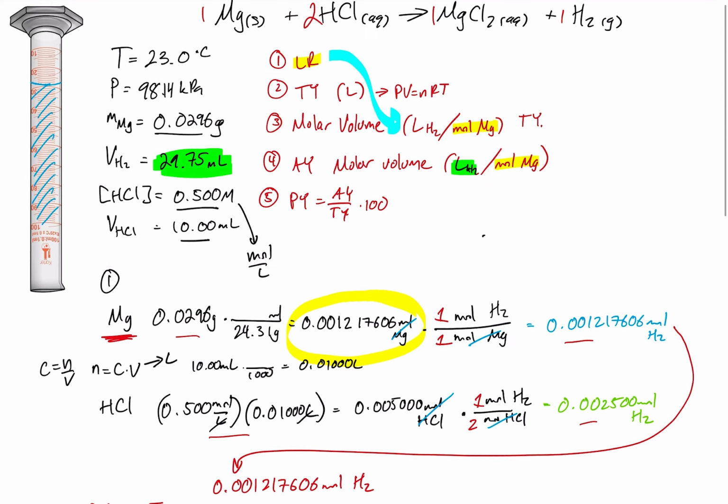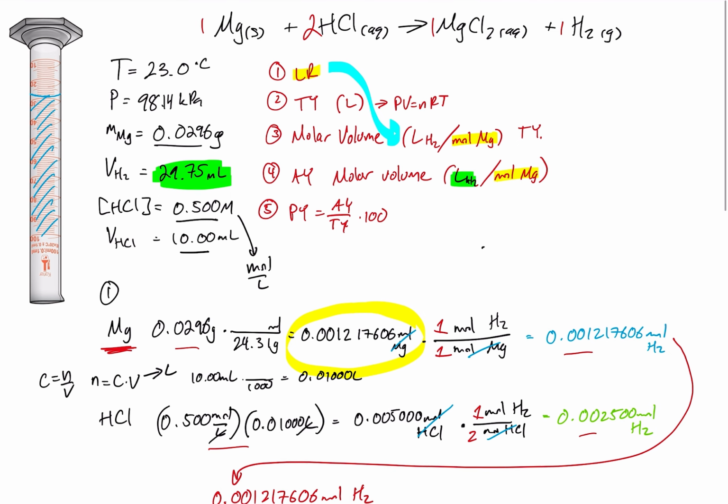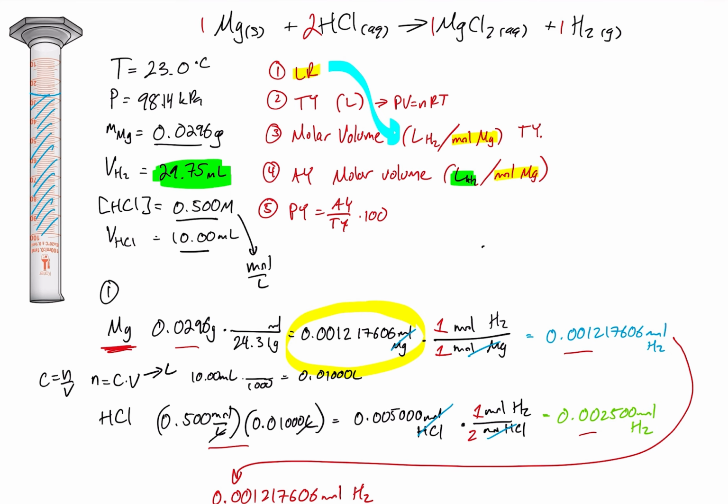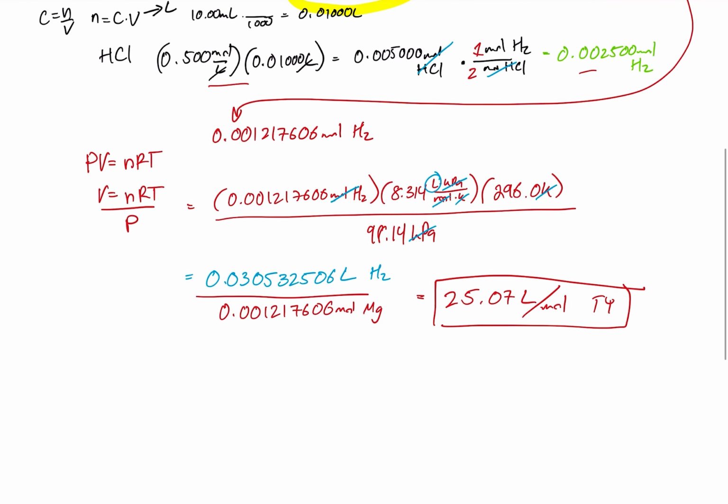So let's go back over here, and the actual amount of hydrogen gas that was collected was 29.75 mL. So our volume is 29.75 mL of H2 collected, right? So this is going to be part of our actual yield. First things first, let's convert that into liters.